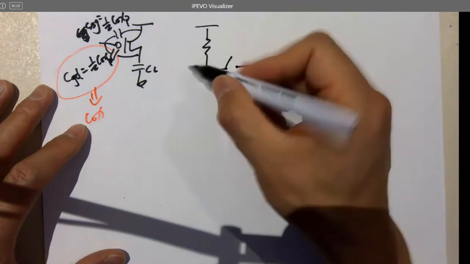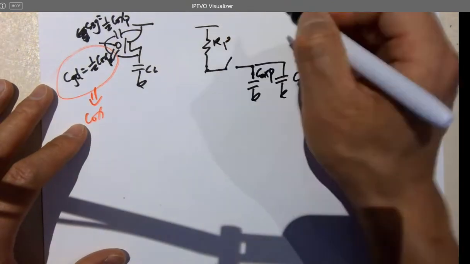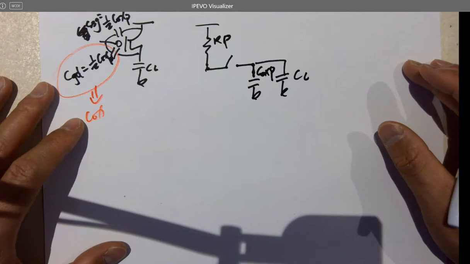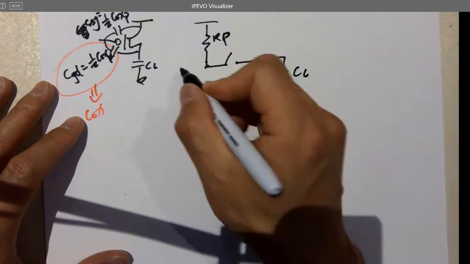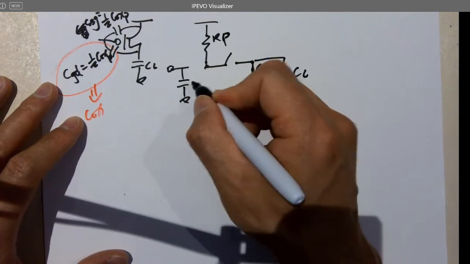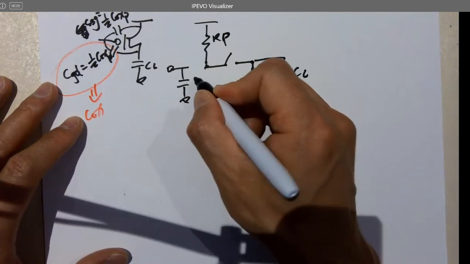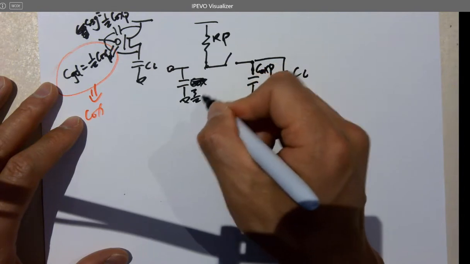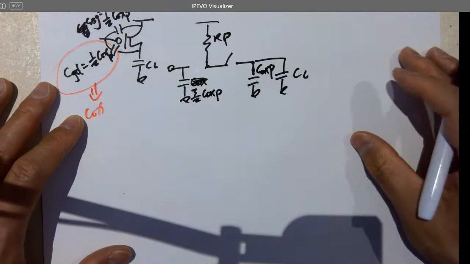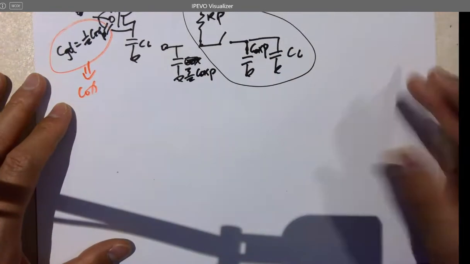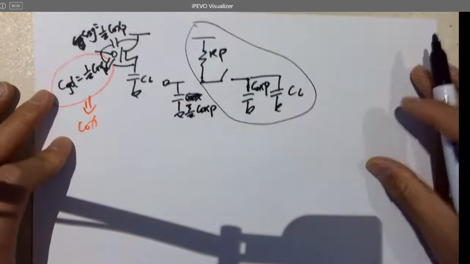So this is the output pin here. This is RP. And if you have to draw the input, yes, it looks like this. And so this becomes 2/3 of Cox P. But when we are just looking at the output, then that's the model of the PMOS.